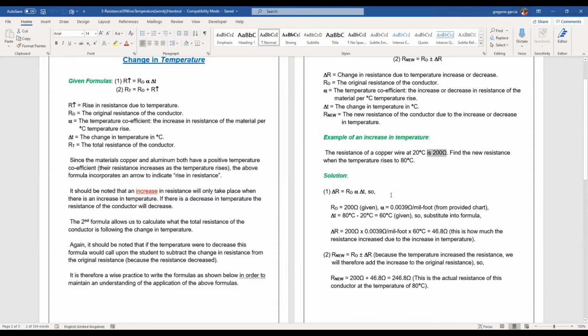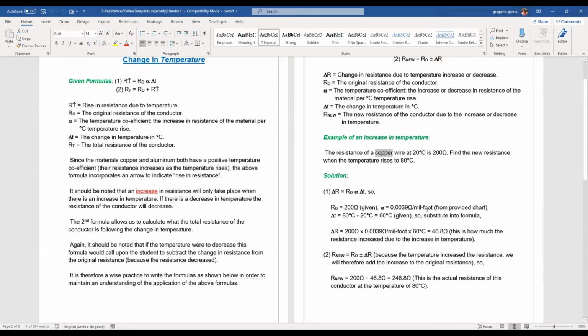So the first thing that we are going to do here is that R0, which is the original resistance, is going to be 200 ohms. R alpha, which is the temperature coefficient, we have to be mindful of the type of conductor that we are using, in this case, copper. So for copper, it's going to be 0.0039 ohms per mil foot.